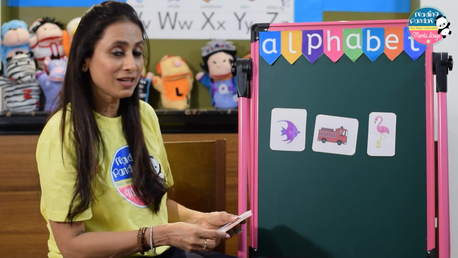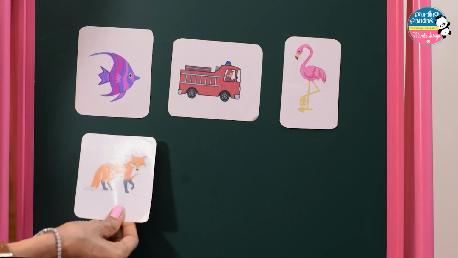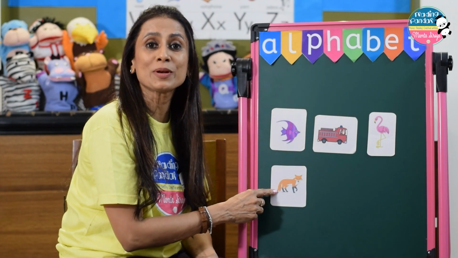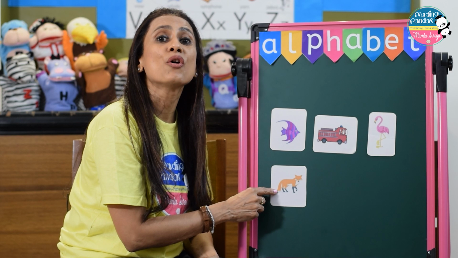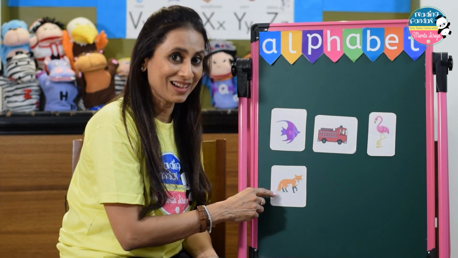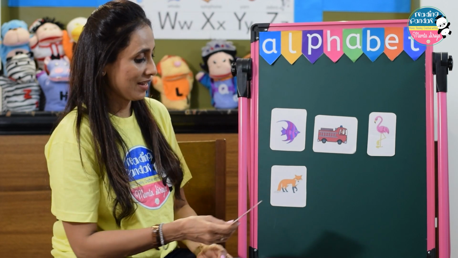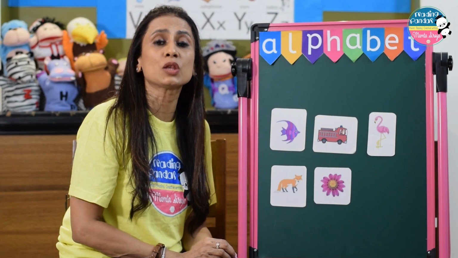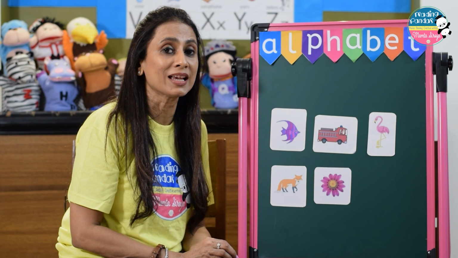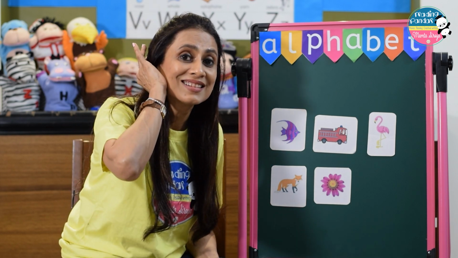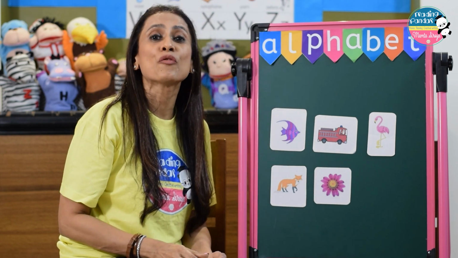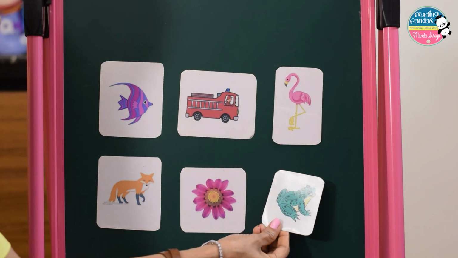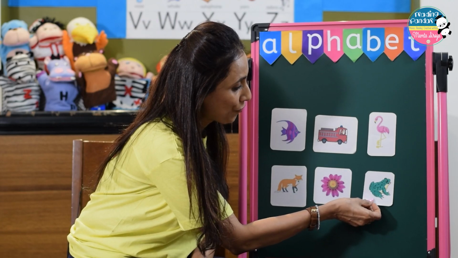And now moving on to the next one, we have a fox. And fox also begins with the sound f. Correct. And then we have a flower here. When I say the word flower, it begins with the sound f. Yes, it's correct. And finally we have the frog.